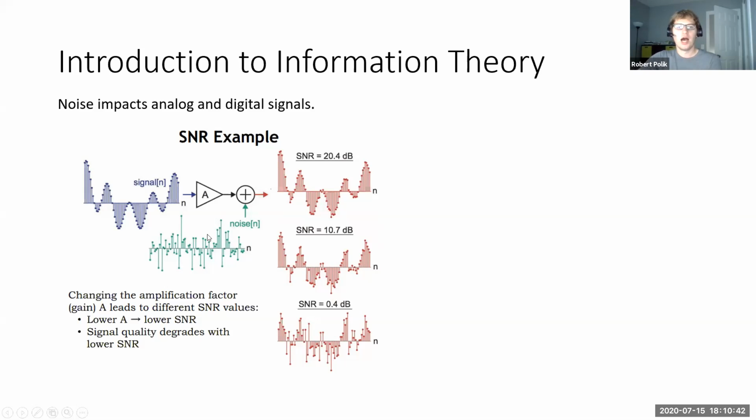If the amplifier is barely amplifying at all, you're mostly seeing noise. If it's amplifying like crazy, you're almost seeing your exact signal. So what we're measuring here is the signal to noise ratio, which is extremely important for information theory.